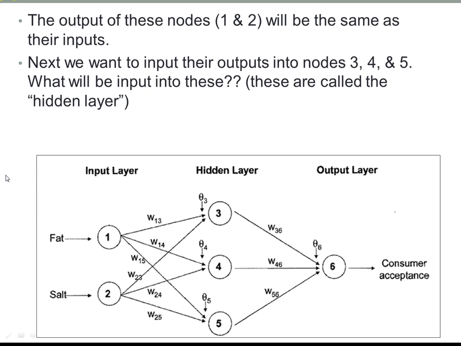And you can use these values, or if you want to call them x1 and x2, that's fine. Use those values for x1 and x2 if you want, 0.2 and 0.9. And I want to figure out what is supposed to go into node 3, what's going to be sent to node 3.